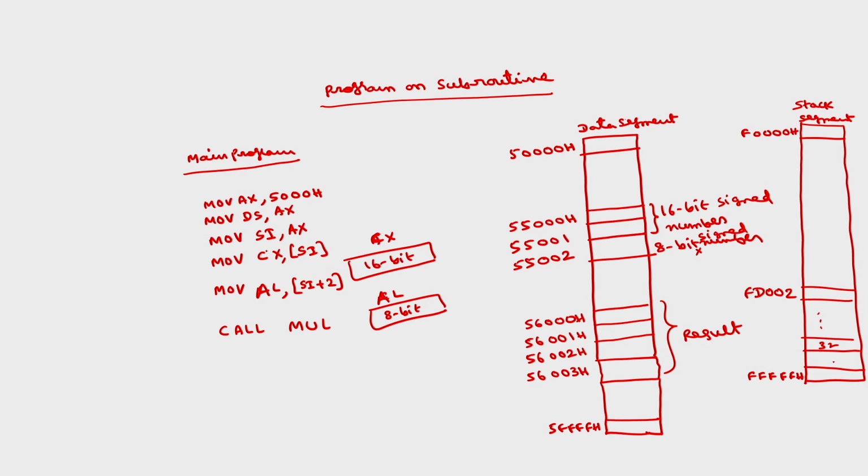So we have some data 32, 45, 39, 45. Okay. So this stack pointer always holds the address of the stack top, which is the offset, and this is the next available location. So this will be stored in the stack pointer.